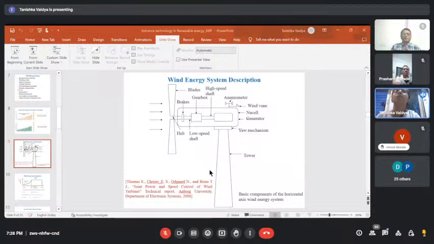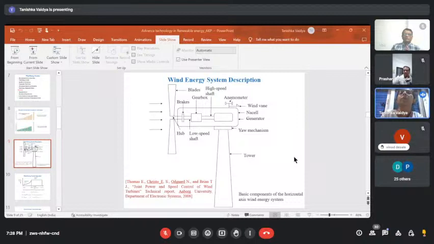Thank you. So in this wind turbine, we can see this is a tower. The taller the tower is, the more stable, and the wind speed is higher. Another thing is the nacelle, which is mounted on this tower. At one end of the nacelle there is a rotor hub where the blades are connected.